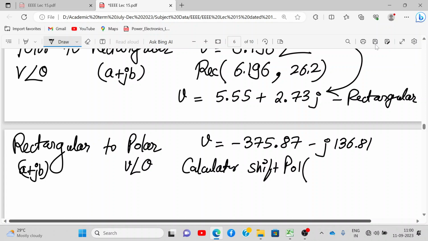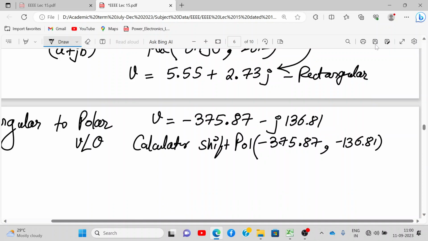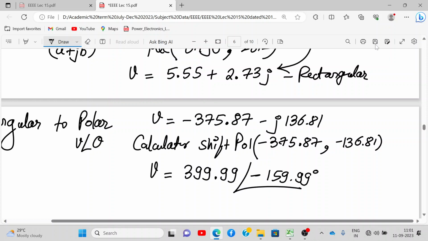Did you get POL? Enter there minus 375.87 comma minus 136.81. How much will you get? V as 399.99 and second will be minus 159.99. So that is this. This is in polar.